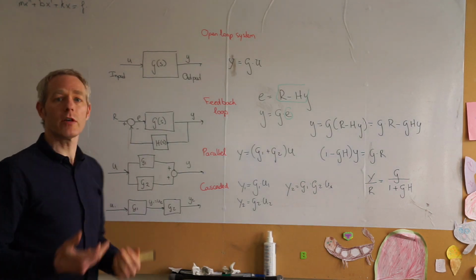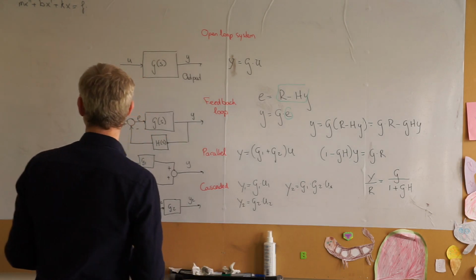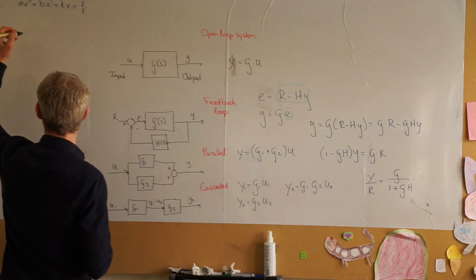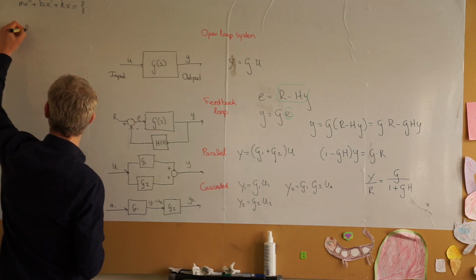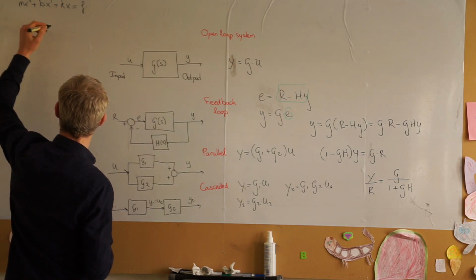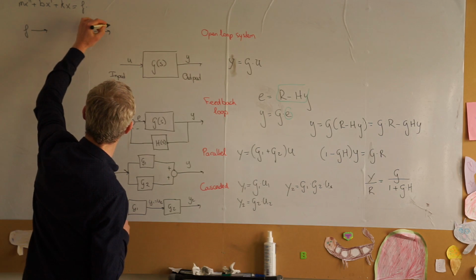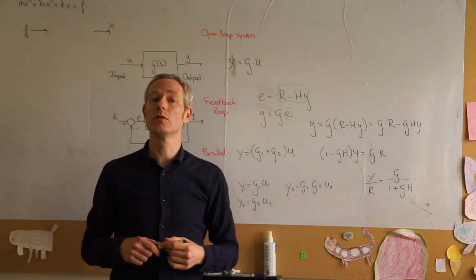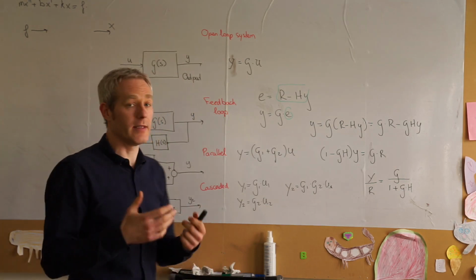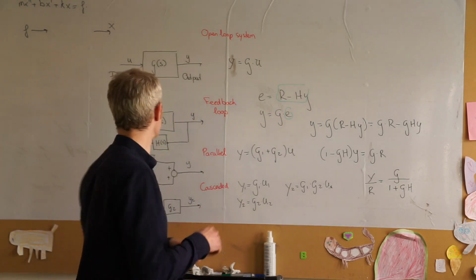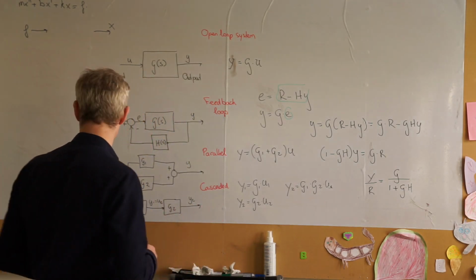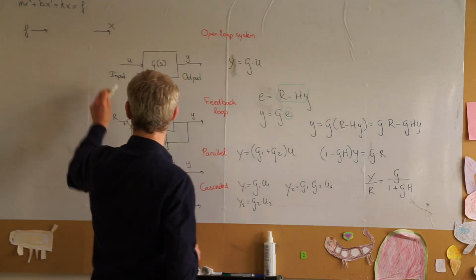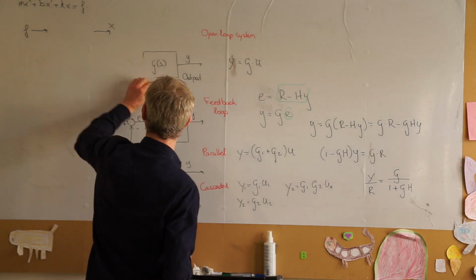Now, how do we turn this into a block diagram? Because if I have the system, I start with f, I put this in the system, and eventually I want to have my x. Well, we could do this in the time domain with symbols, and I will start with that one first. But first we need to rewrite this.